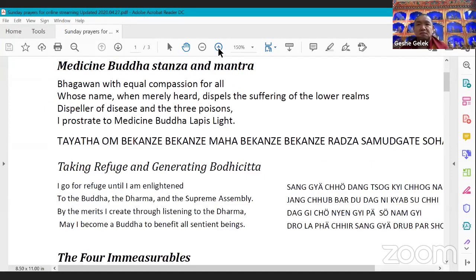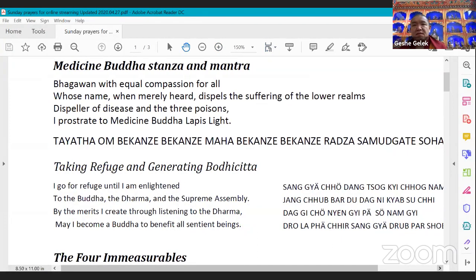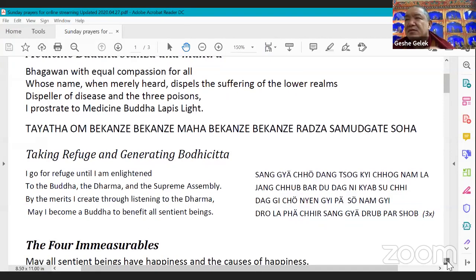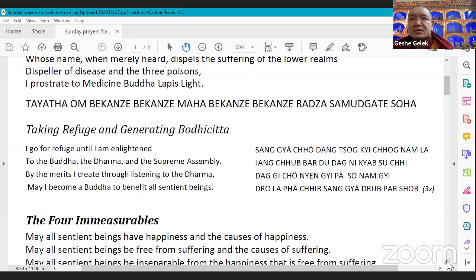I'm sorry. Geshe-la, if you switch to gallery view. Are we in the museum? I cannot see. I don't see the gallery. Or switch to share screen. Okay, sorry, my early morning ignorance.